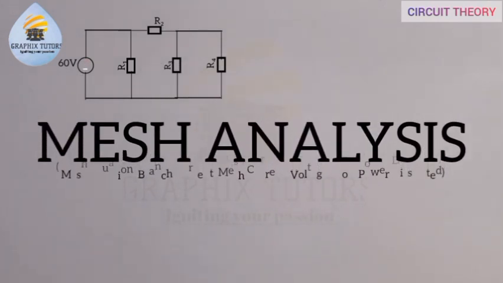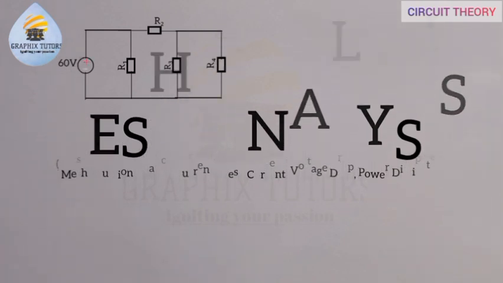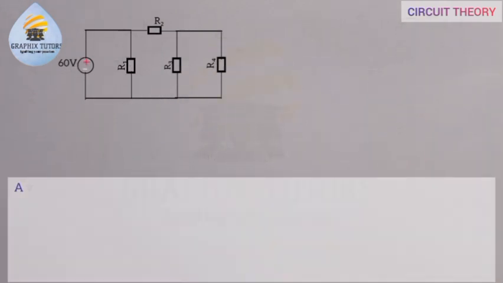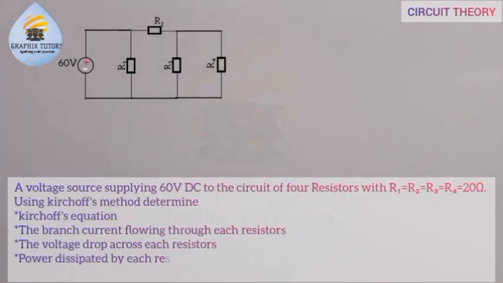In this video, we want to solve a problem involving a DC circuit. And the question goes like this. It says, a voltage source supplying 60 volts DC to the circuit of 4 resistors with R1 equals R2 equals R3 equals R4 equals 20 ohms.